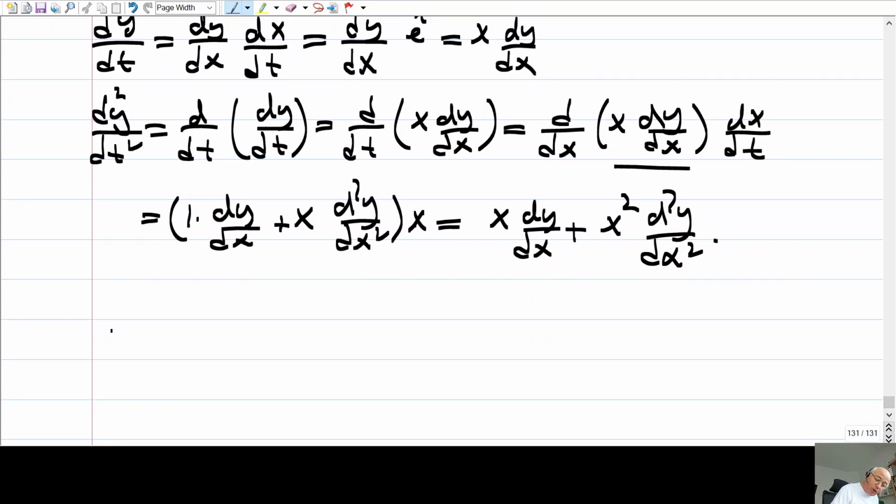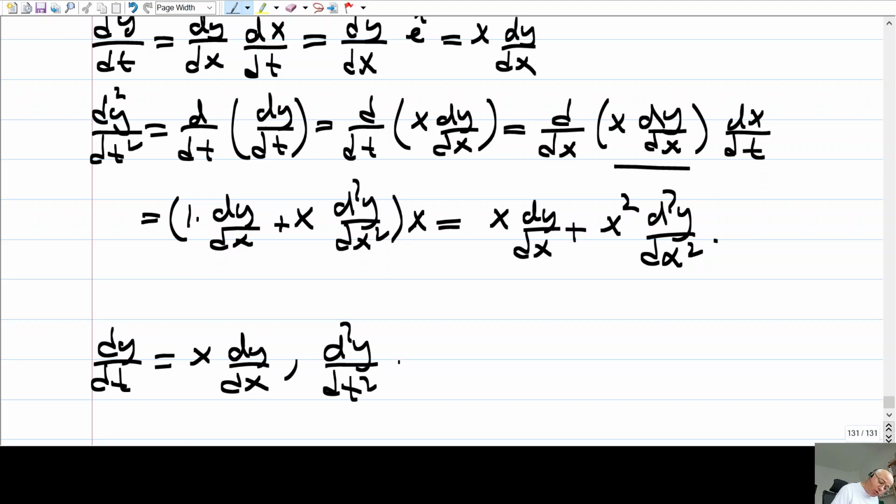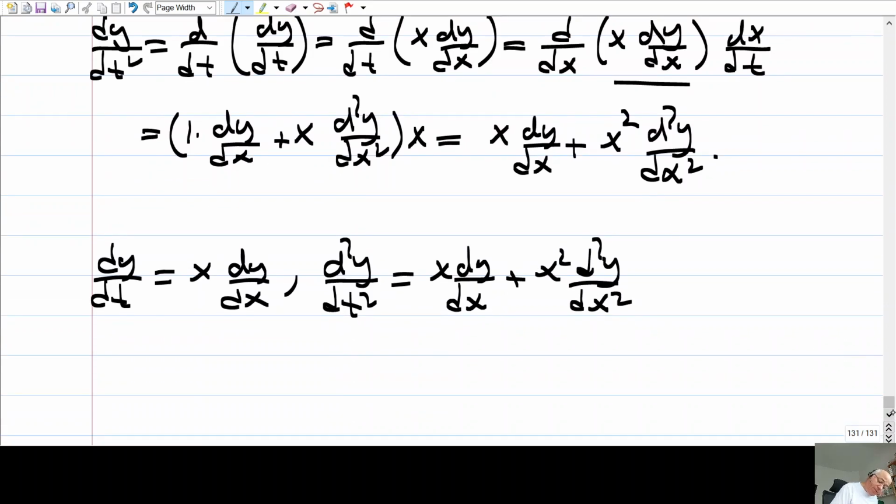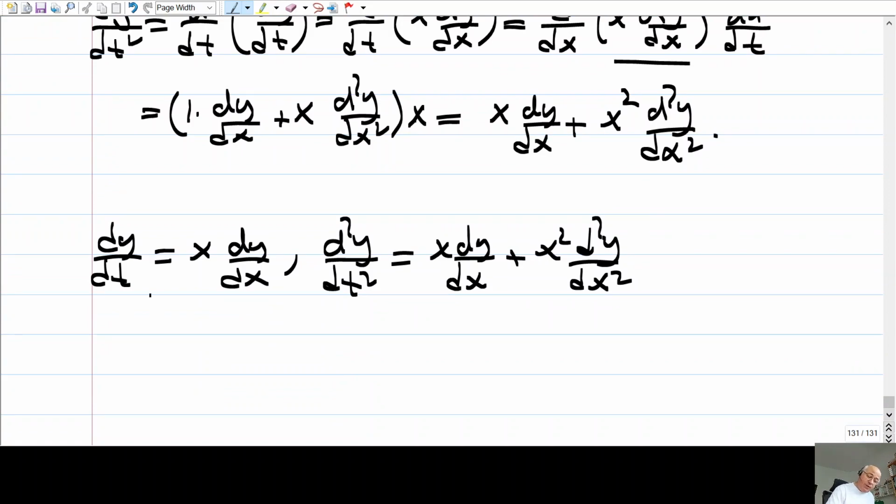So we have the following formulas then. dy dt is just x times dy dx, and d squared y dt squared is just x dy dx plus x squared d squared y dx squared. And from this we see what?